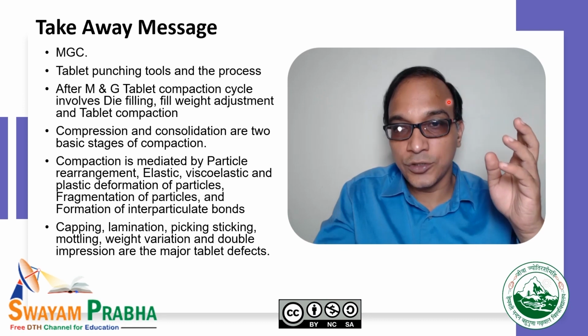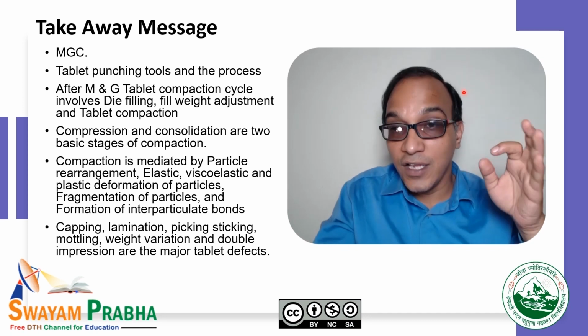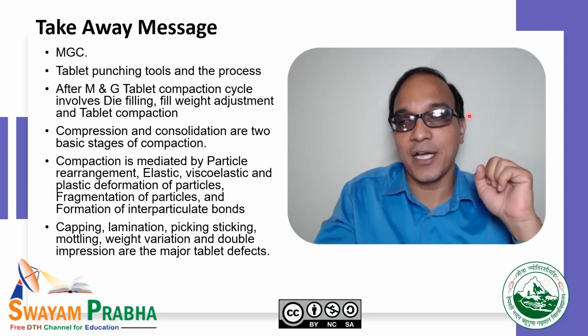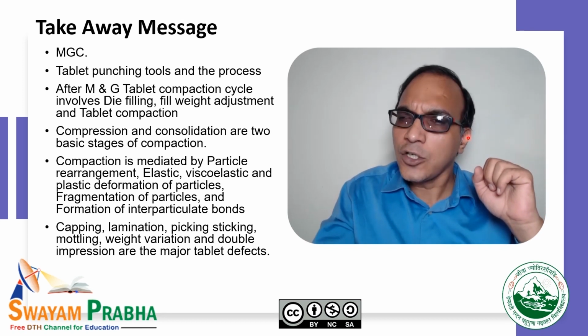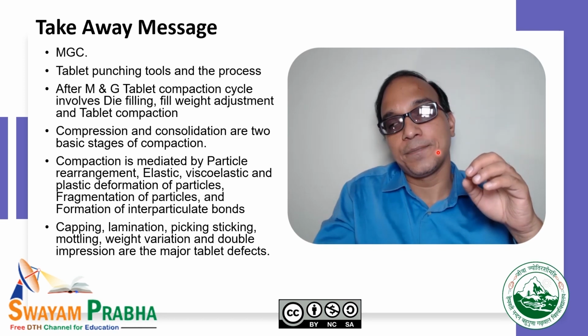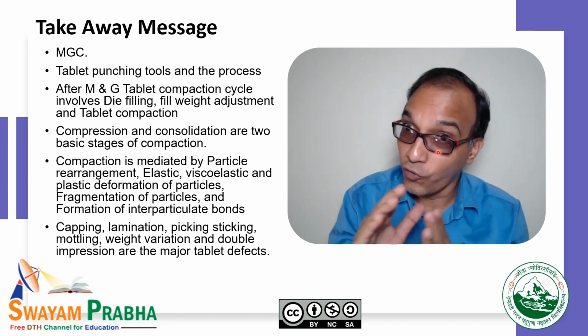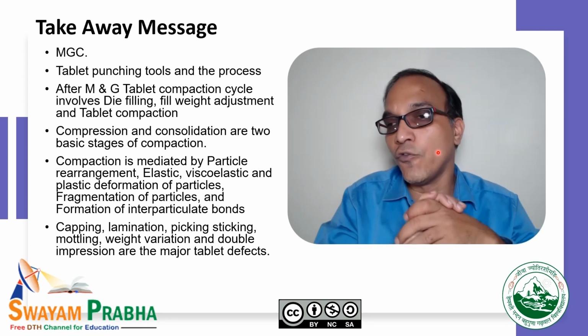After mixing and granulation, the tablet compaction cycle involves die filling, fill weight adjustment, and tablet compaction. Compression and consolidation are two basic stages of compaction. We studied the 4 phases; remember those 4 phases.